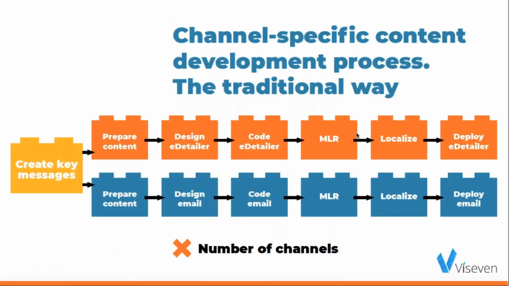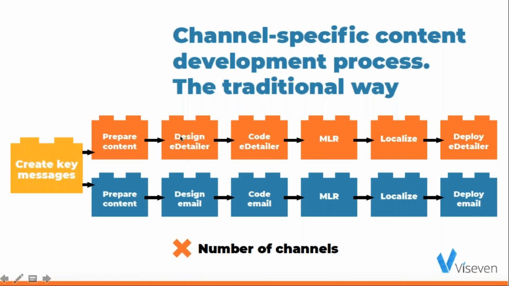And to create this project, we need to rethink the whole development process. The traditional way looked like this, when we created key messages and then started preparing content for every channel separately. And sometimes it was even developed by different agencies.